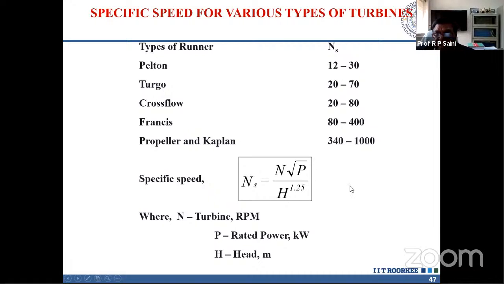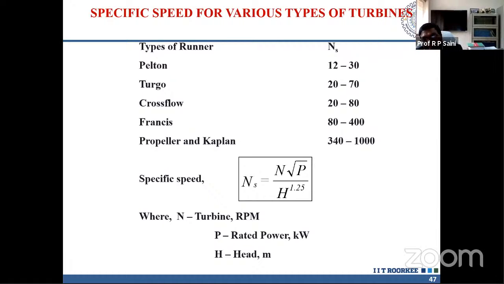So if somebody comes to you and asks you to select a hydro turbine for his site, you can ask what is the capacity of the plant. He will tell you the capacity in kilowatts, and then you can ask what is the head.